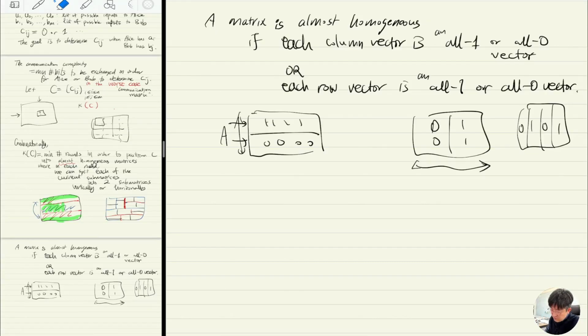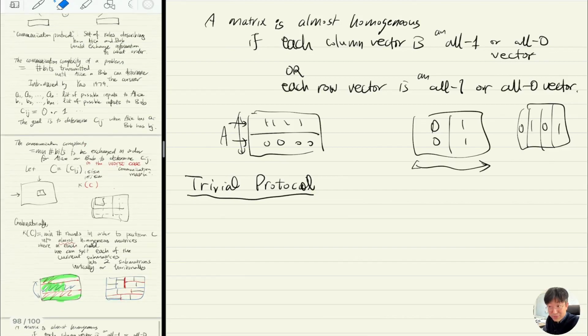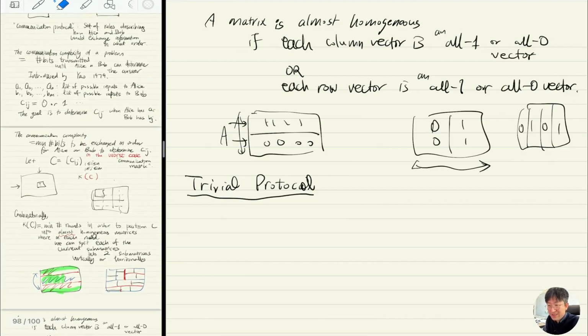Now, from this interpretation, we should be able to deduce the following. So this trivial protocol. What is the trivial upper bound? Well, Alice has n possible inputs, and she can just tell what the input is.